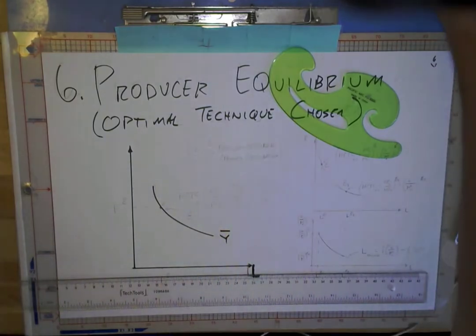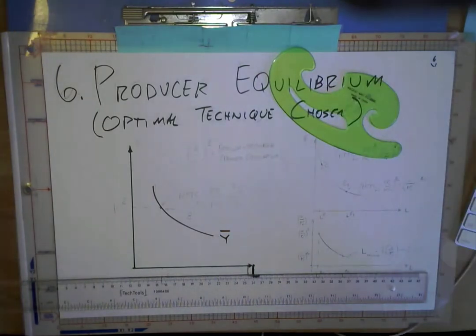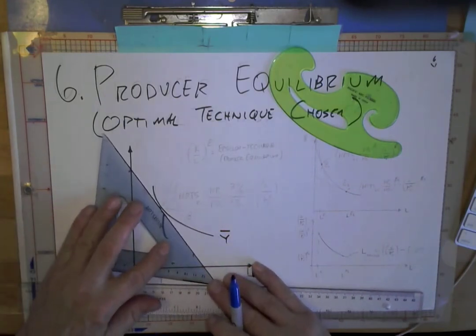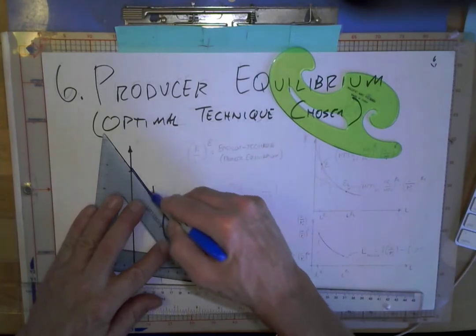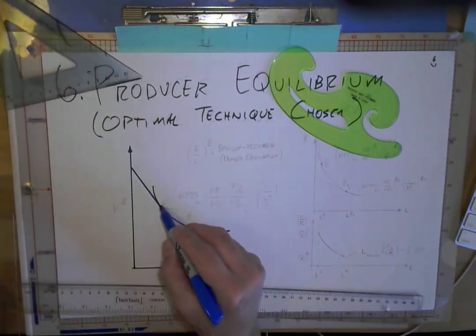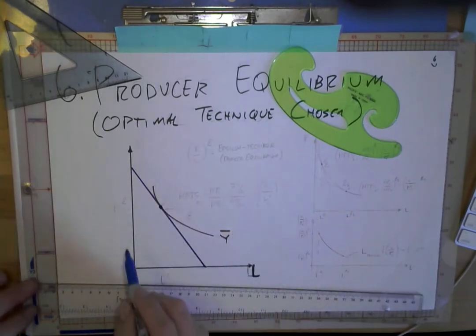And then the budget line, the iso-cost curve, is going to be here. This becomes the budget, and you can see where the two meet.